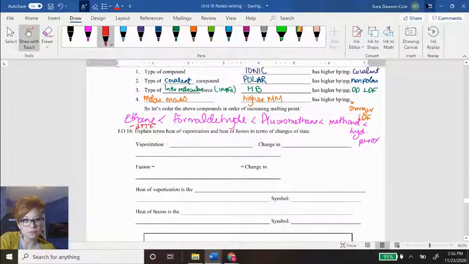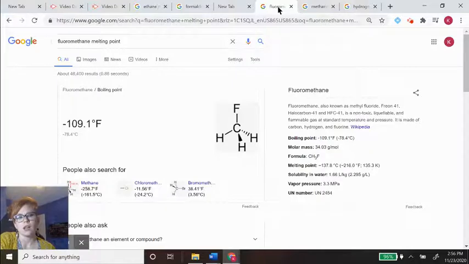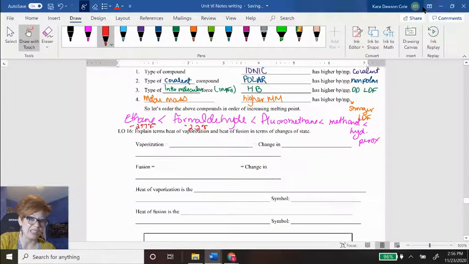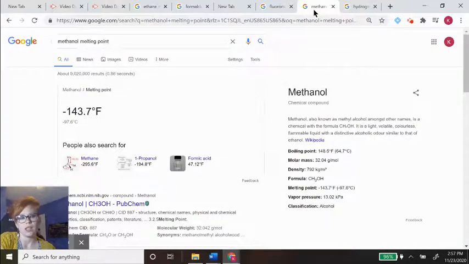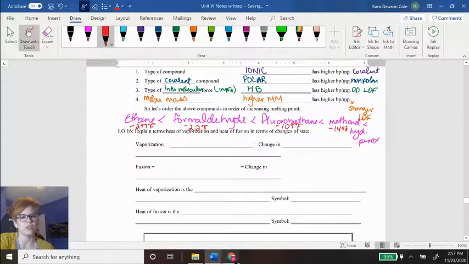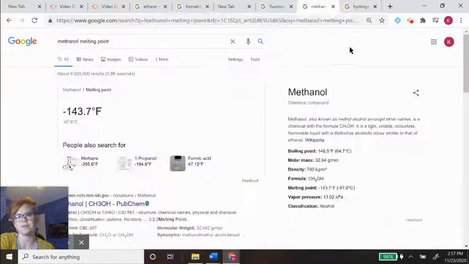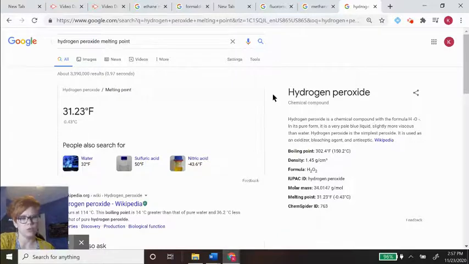Pretty cold. Fluoromethane: negative 109 degrees Fahrenheit. Then I look up methanol: negative 144 degrees Fahrenheit. And then I can look up hydrogen peroxide finally: 31.2 degrees Fahrenheit.